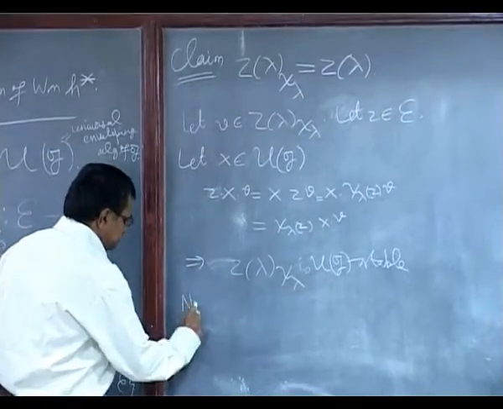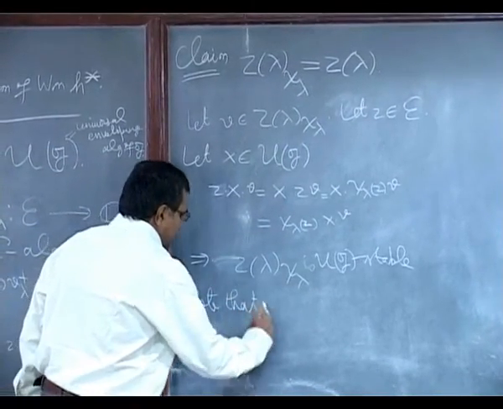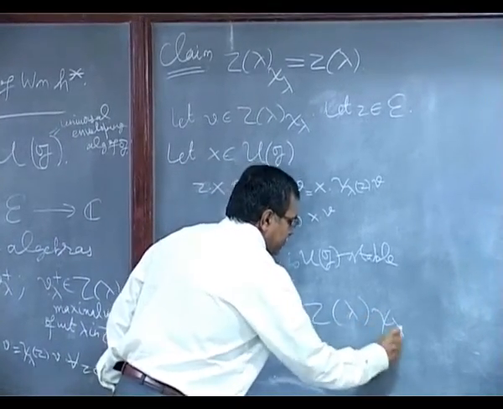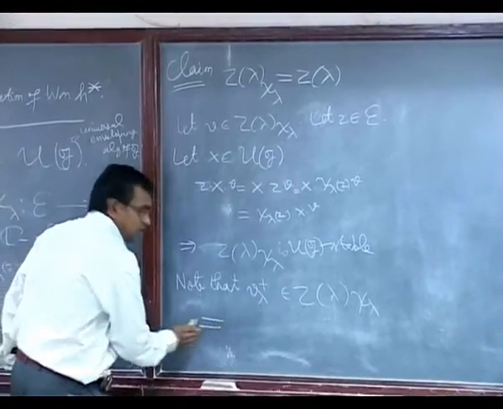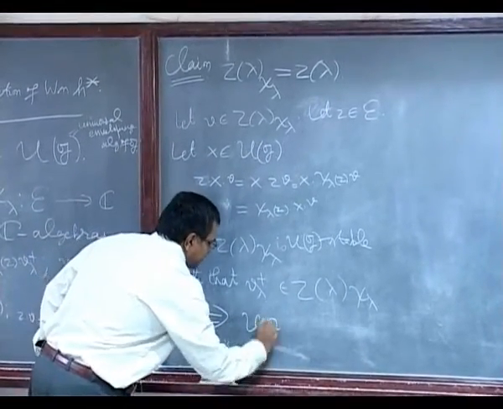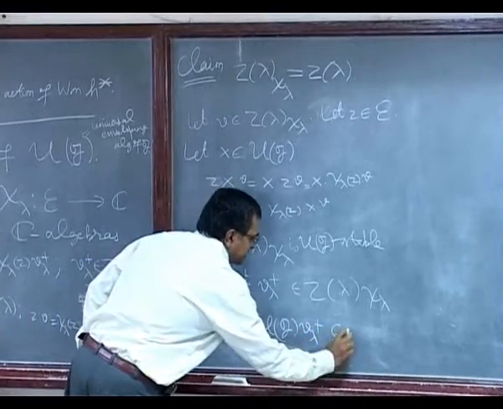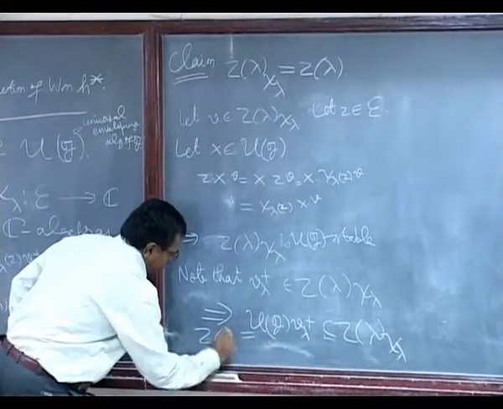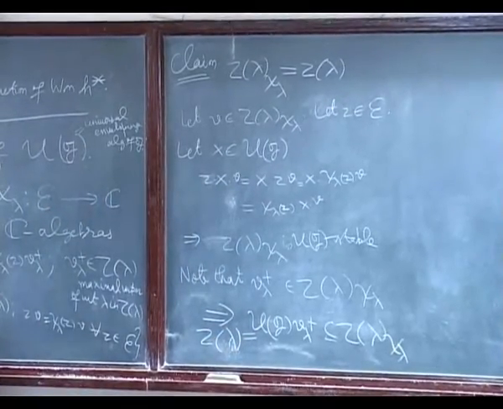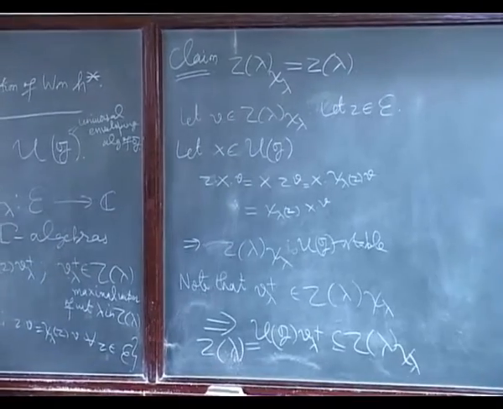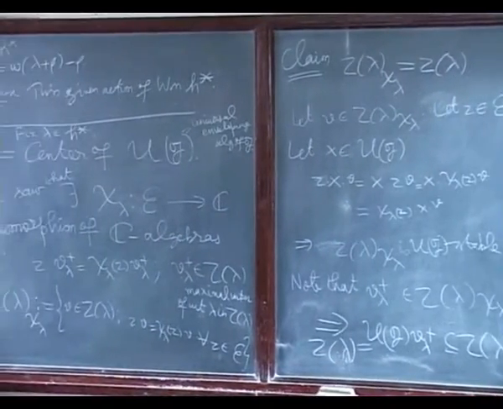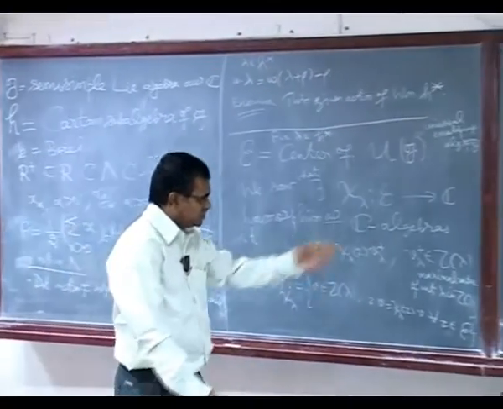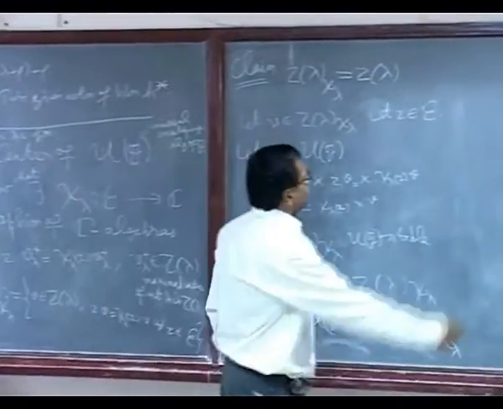Note that v lambda plus belongs to Z lambda chi lambda, which means U(g) v lambda plus is contained in this, but of course, this is the same as Z lambda, because this is cyclic with a maximal vector v lambda plus. So, that is inside here. Therefore, they are equal. So, the claim is proved now.